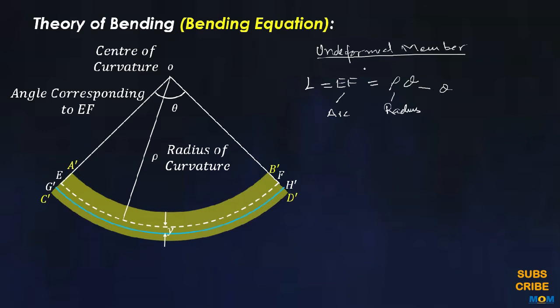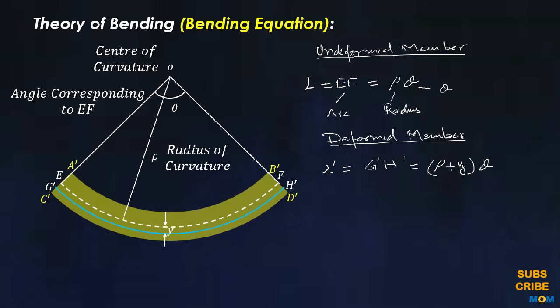Now for the case of deformed member, let's denote it with L dash, and that is G dash H dash is equal to rho plus y theta.